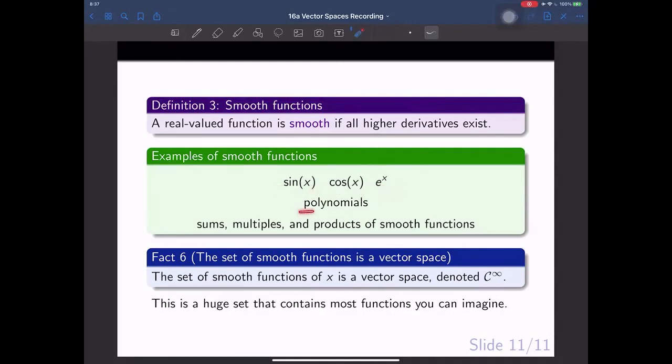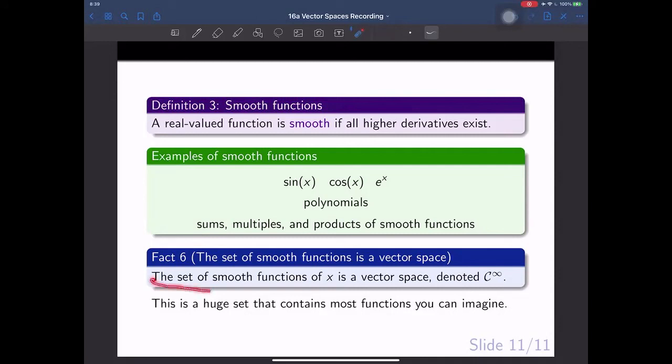Every polynomial is smooth. They are defined everywhere and their derivatives are other polynomials, which are defined everywhere. The set of smooth functions also includes sums, multiples, and products of smooth functions. In particular, sums of smooth functions are smooth and scalar multiples of smooth functions are smooth.